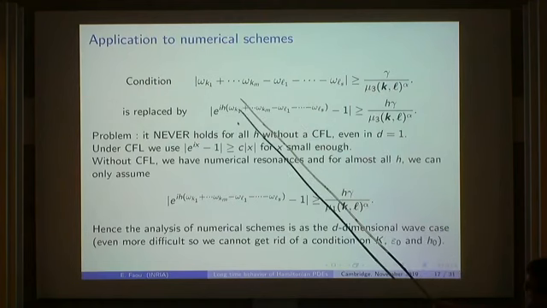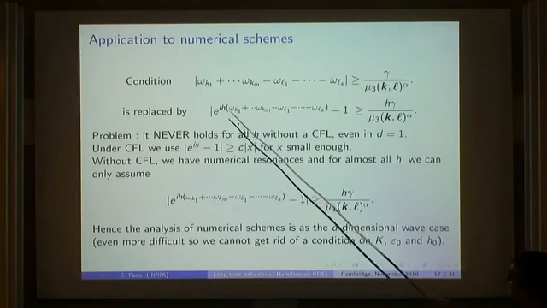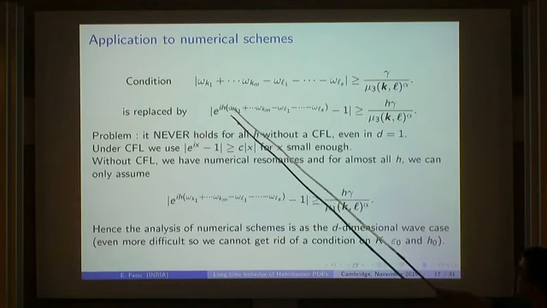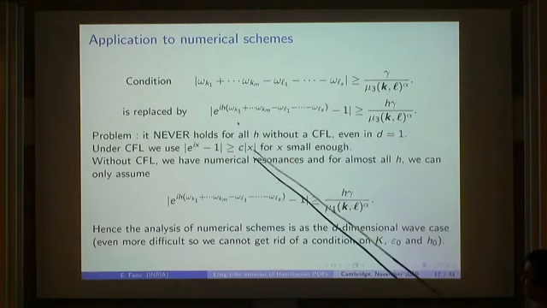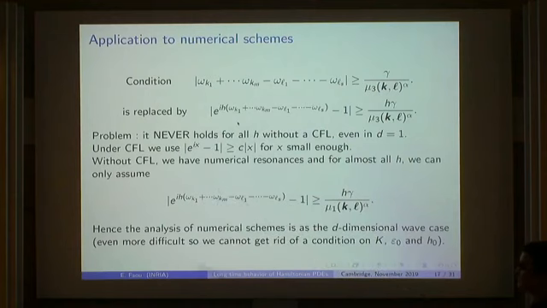But if you have a CFL, of course, then you use some kind of thing like that. If this thing here in the exponential is smaller than pi over 2, then you can control this by x, and then you can use the continuous condition. So if you have a CFL, it's okay. If you don't have a CFL, the generic condition for h is not by mu3, but by mu1. And so we are back in the case of the wave 2D, where we didn't have mu3, we had mu1.